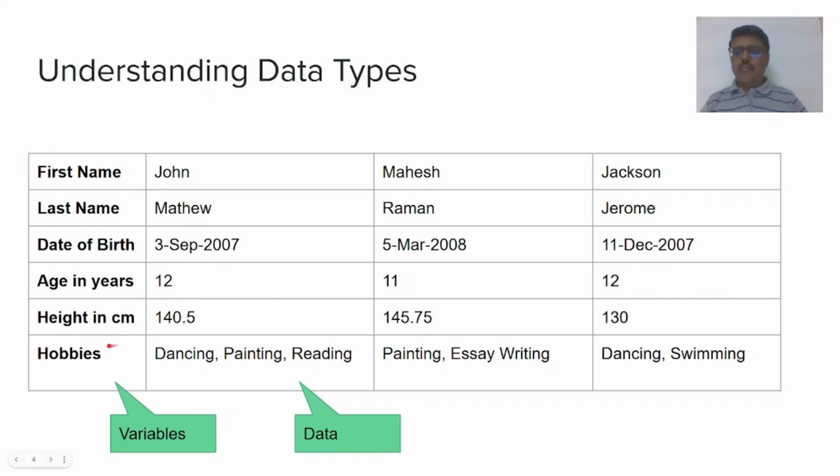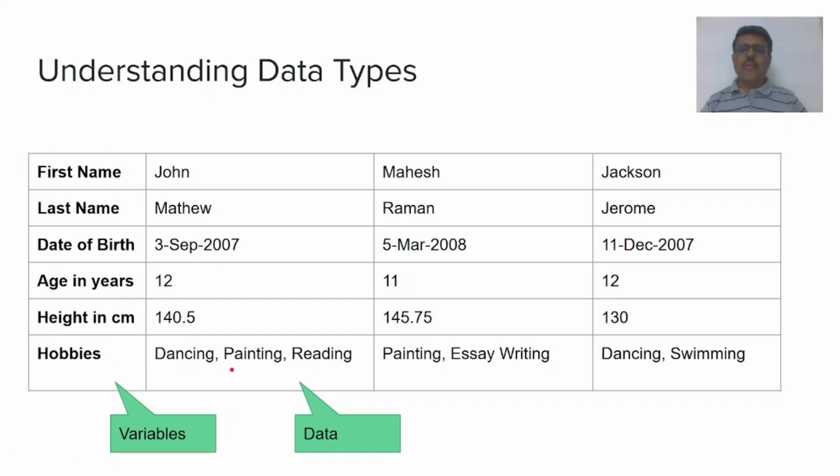Okay. So now we have a specific set of data like this. Hobbies, if you look at it: dancing, painting, reading. That means a particular variable having multiple values. What you would have seen is each variable having only a single value, right? But here you can see it can have multiple values. Okay, so these kinds of values are nothing but collections. That means a single variable can store multiple values.